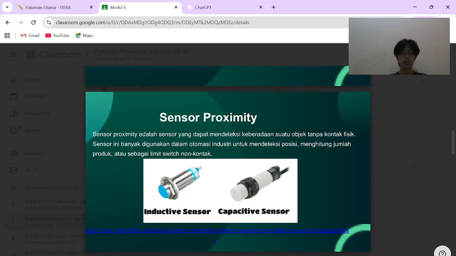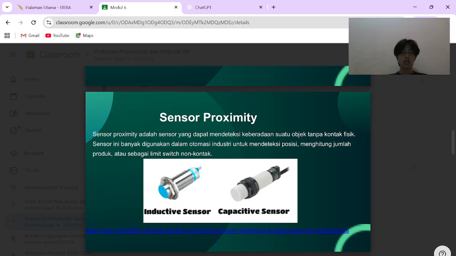This makes the system more durable and reliable. These sensors help machines automatically detect when a cylinder reaches the end of its stroke, when a product passes on a conveyor, or when a container is full.